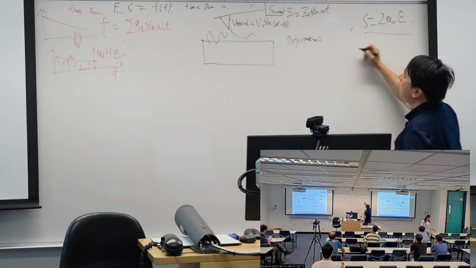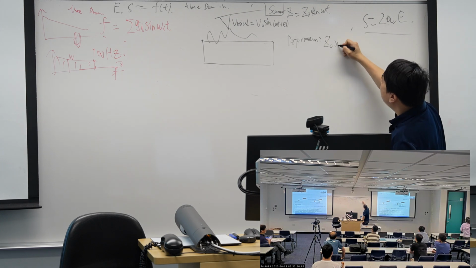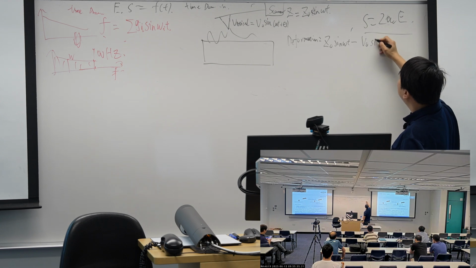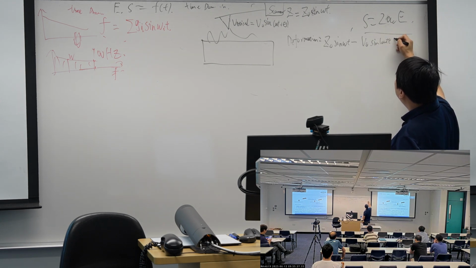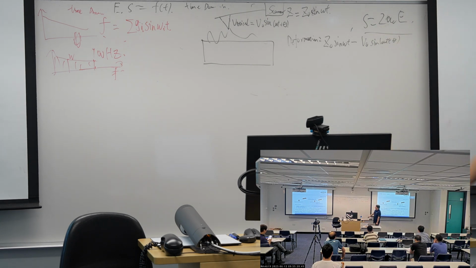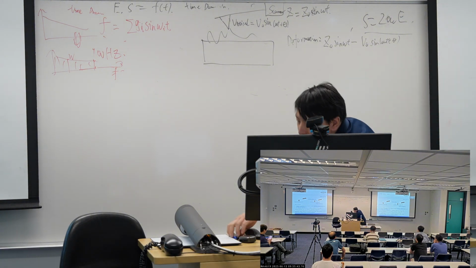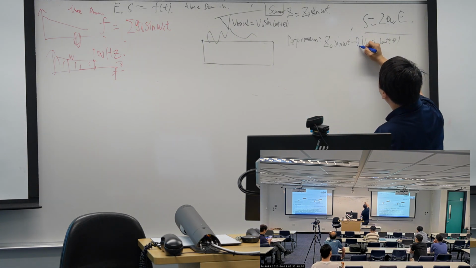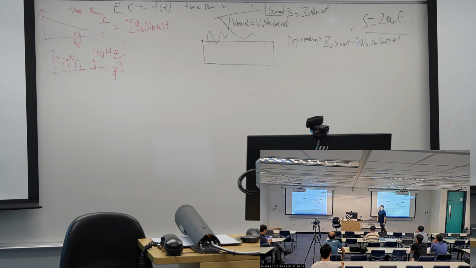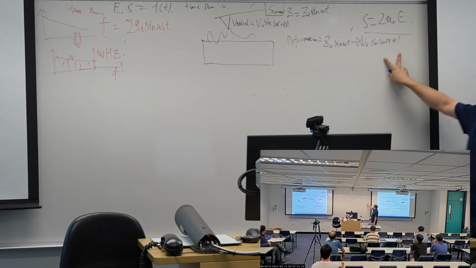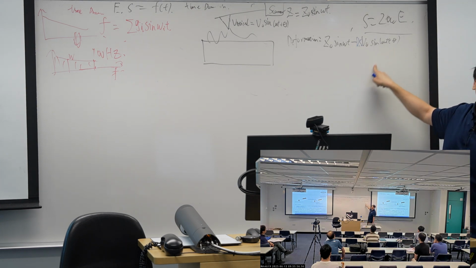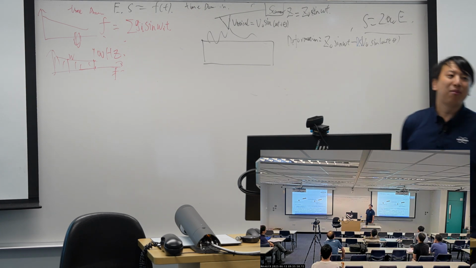The deformation is Z0 sine omega t minus V0 sine(omega t plus phase). And this is just vertical, so we need the deflection sensitivity to change it to deflection. Now we are playing a mathematical game. We have sine omega t and sine(omega t plus theta), and you need to subtract them.